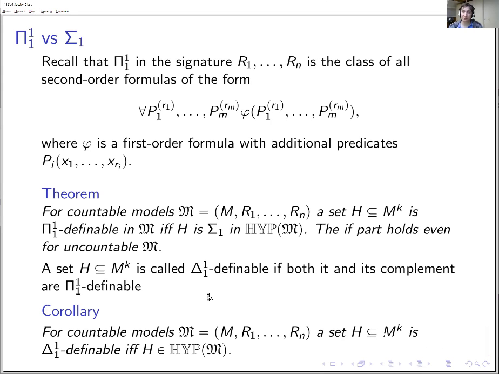However, in general, these are two distinct notions. And this notion actually has a better correspondence with the theory of admissible sets.